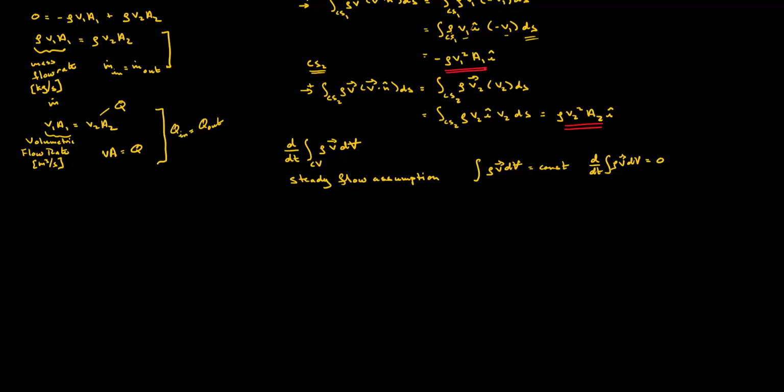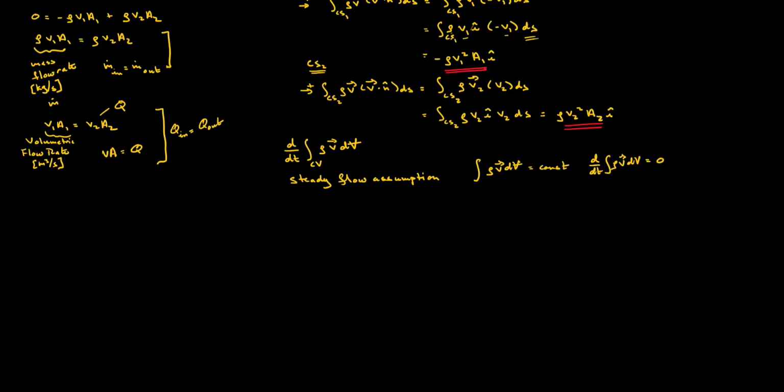Okay, so again, it doesn't mean that there's no acceleration in the fluid. What this means is that if you were to query any given point in your control volume, the properties at those points do not change with time. Okay?